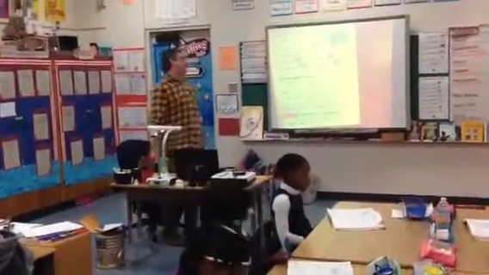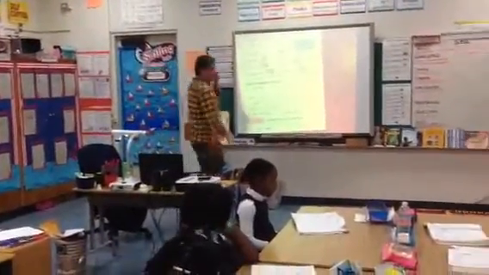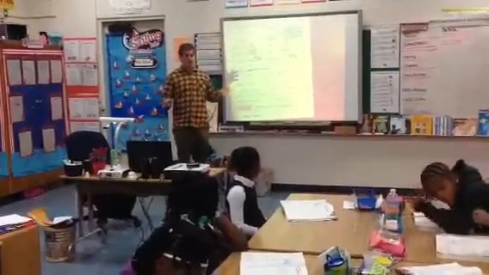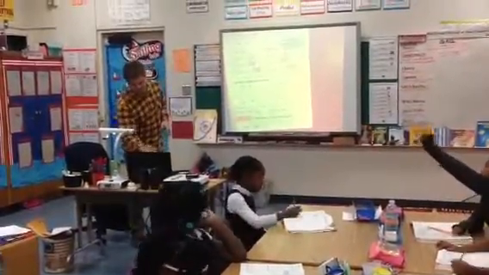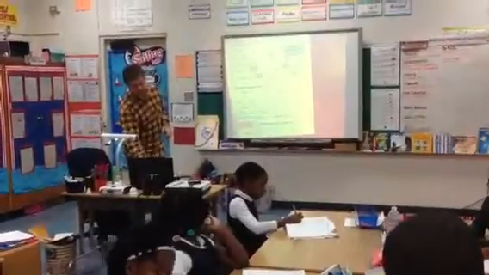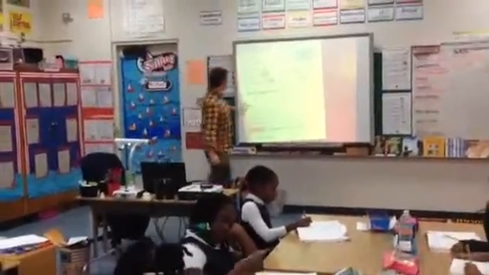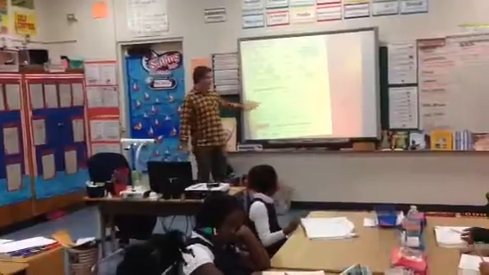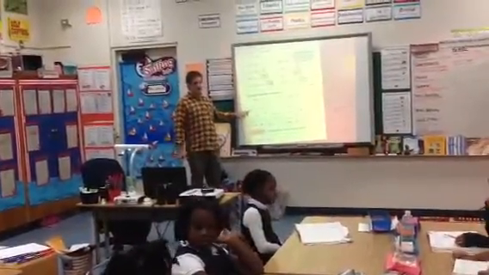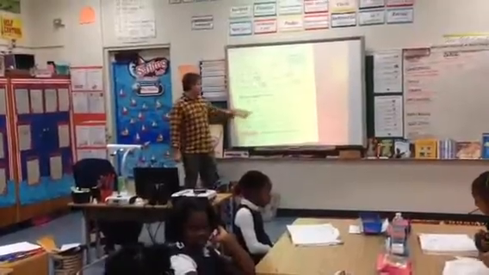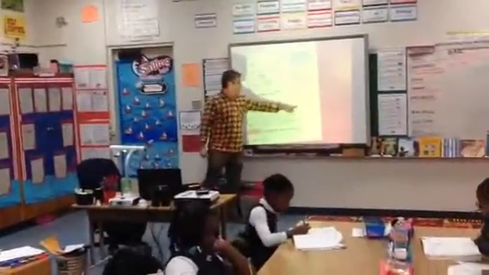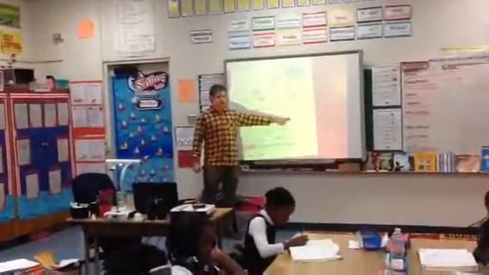Okay, let me give you a hint. For what we're doing, we're always going to break it apart into 100 and whatever is left. Do you understand? Yes. Okay, so this number is always going to be 100.